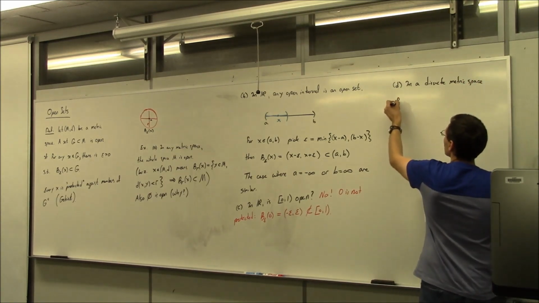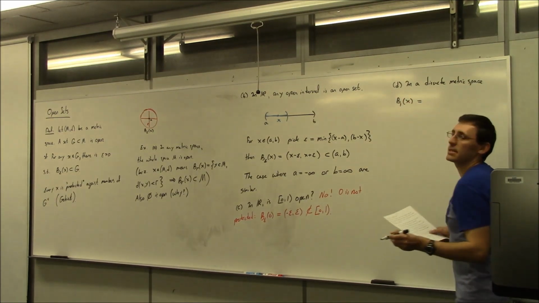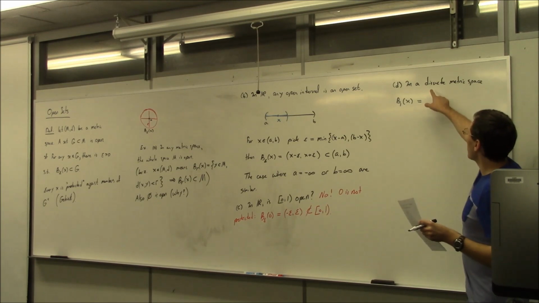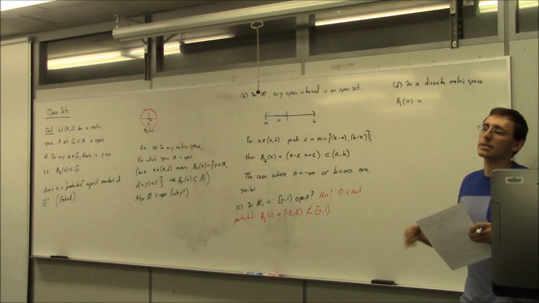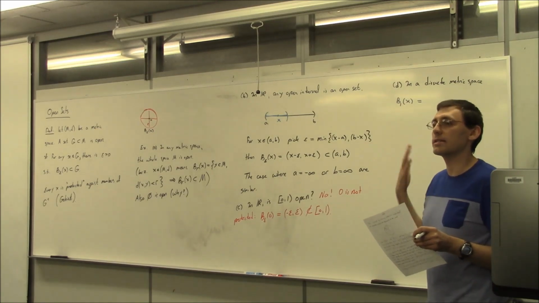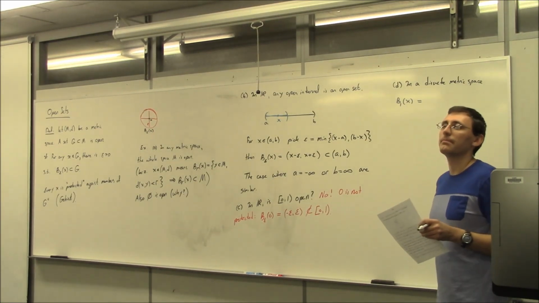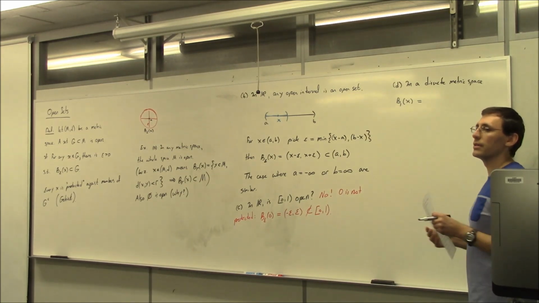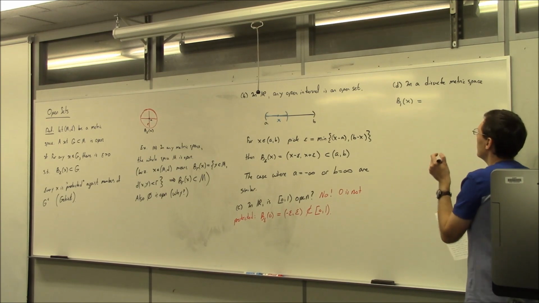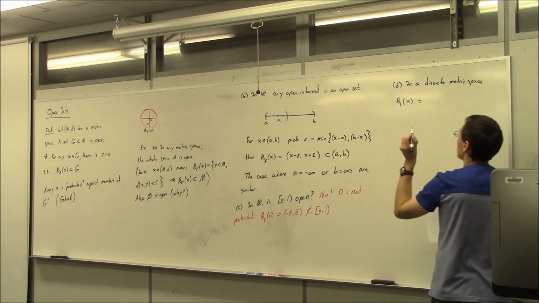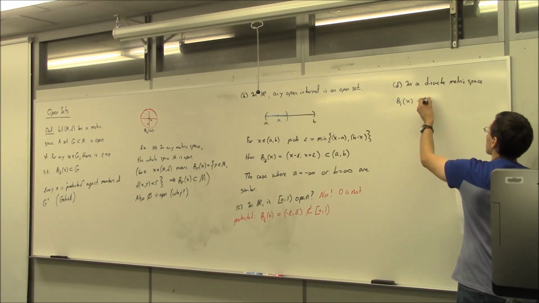We know that the ball of radius 1 around x, how many points does it contain? So I have some M, and I use the discrete metric. What's the ball of radius 1 around x? It's 1 point, because it's always strictly less than 1. If you take the closure, then it will be M. So that would be simply the singleton x.